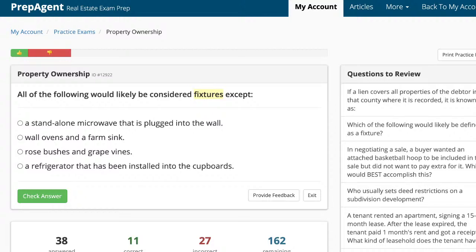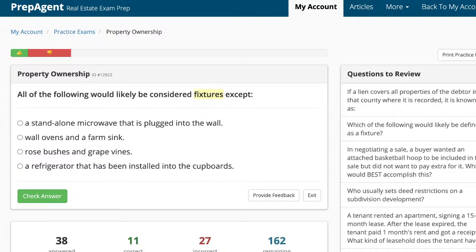Okay, all the following would likely be considered fixtures except: A, a standalone microwave that is plugged into the wall; B, wall ovens and a farm sink; C, a rose bush and grapevines; or D, a refrigerator that's been installed into the cupboards. It's totally true, guys.